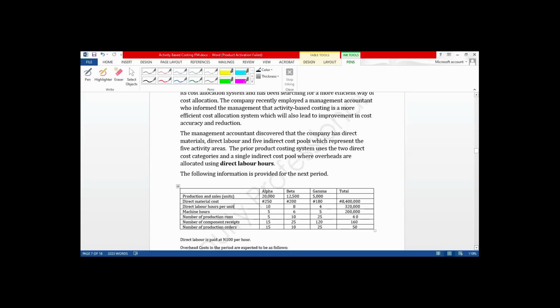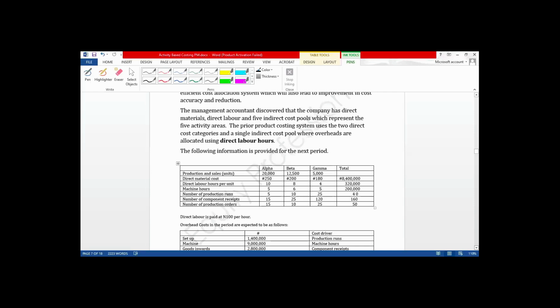Number of component receipts you are giving. Number of production orders you are giving. The next paragraph. Direct labor is paid at 100 naira per hour. Per hour, we pay 100 naira to labor.